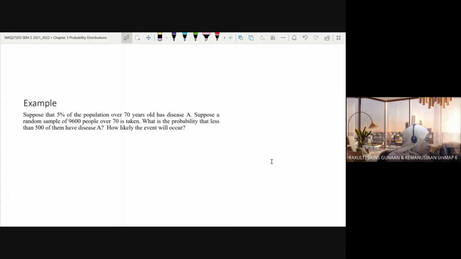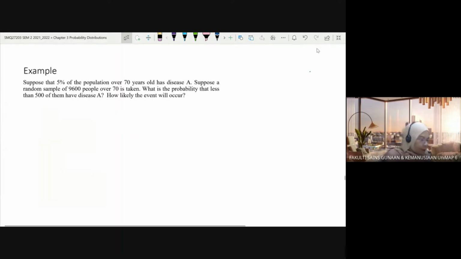So in this case, class, for this question, suppose that 5% of the population over 70 years old has disease A, and a random sample of 9,600 people over 70 is taken. What is the probability that less than 500 of them have disease A? So for the given question, find out what information is given, and from that information, relate it to the suitable distribution that you have learned before.